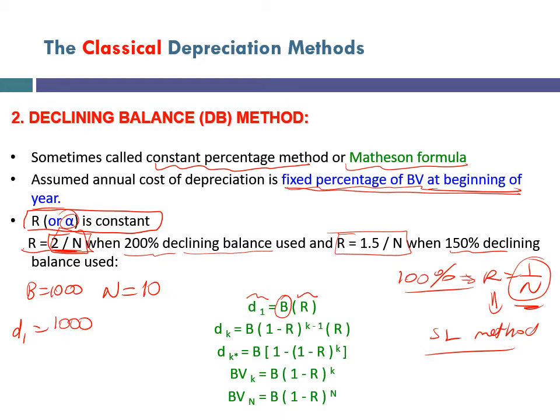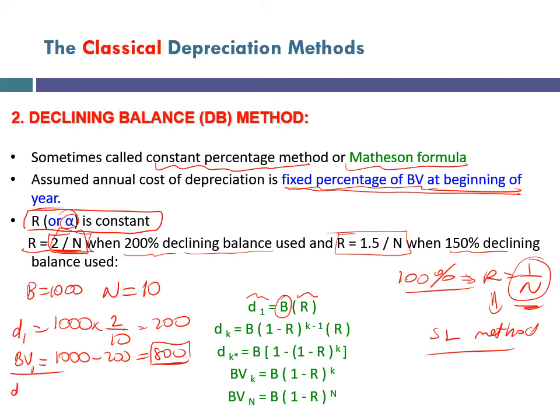So it is 1000 times 2 over 10. So simply it is 200. And from here, the book value at the end of year 1 is equal to 1000 minus 200, it's 800. So this is the book value at the end of year 1.